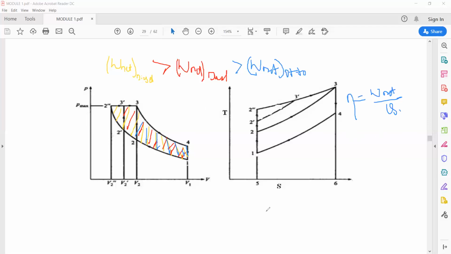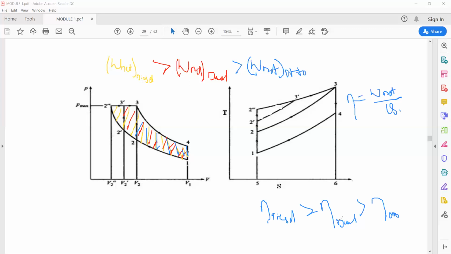So what is our conclusion with this? The efficiency of diesel cycle is more than the efficiency of dual cycle, which is more than the efficiency of Otto cycle.